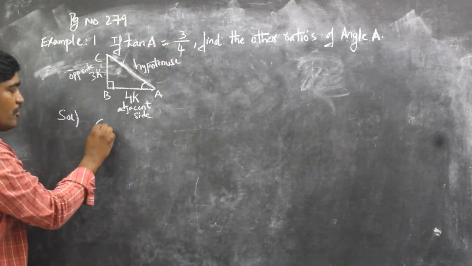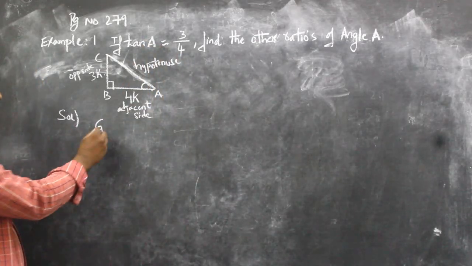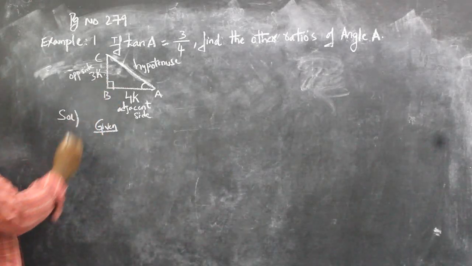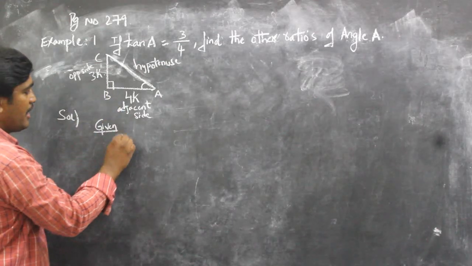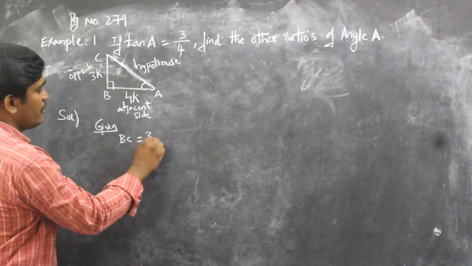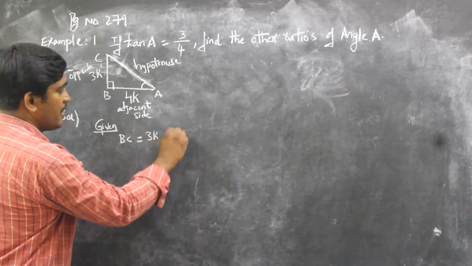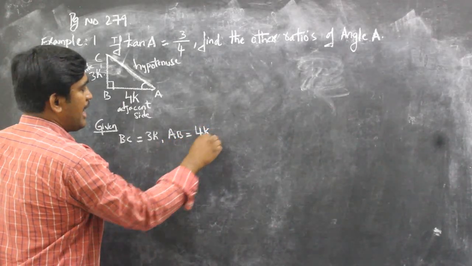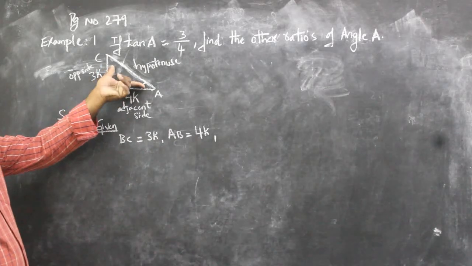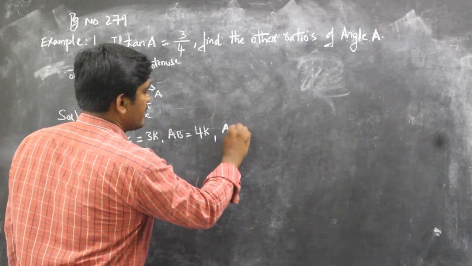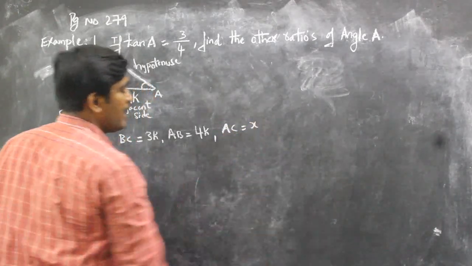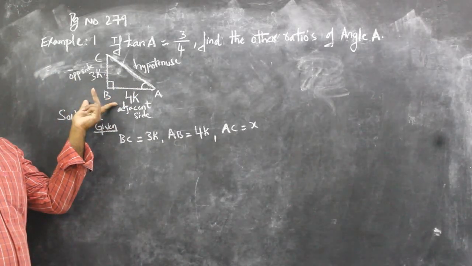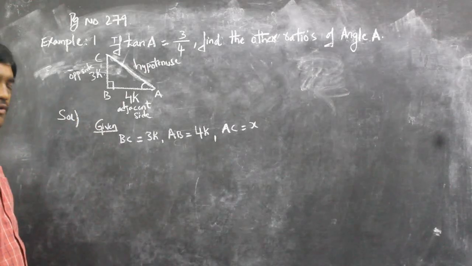Now I will go to the problem. What are the given things here, from the figure? BC is equal to 3K, and similarly AB is equal to 4K, and I will take the unknown as X, nothing but AC is equal to X. Now we know this is a right angle triangle, so I will apply the Pythagoras theorem.